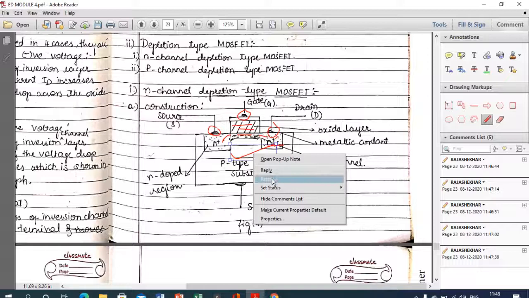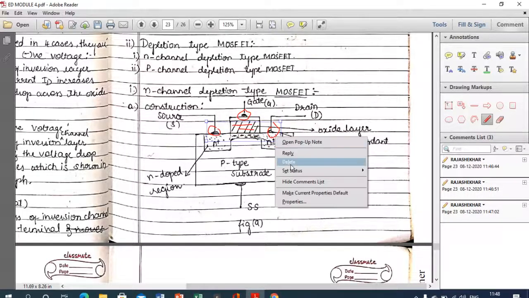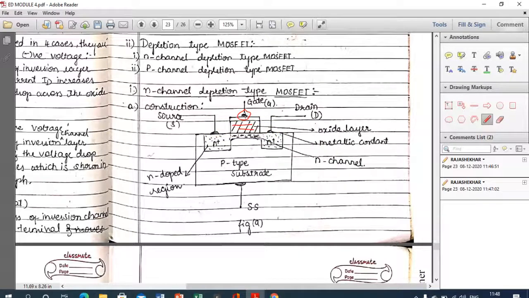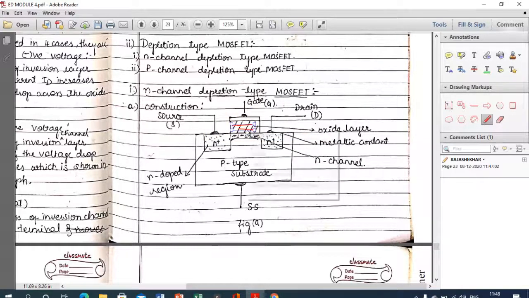I hope it is clear for everyone. I will repeat the same thing again so that everyone can understand it properly. Listen to this once again. What are the things used in the construction of the depletion type?